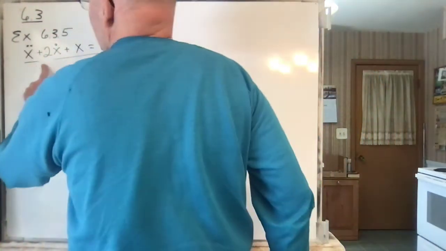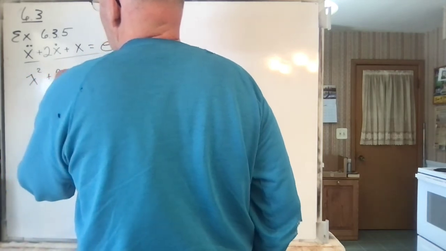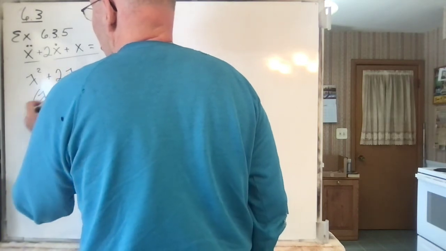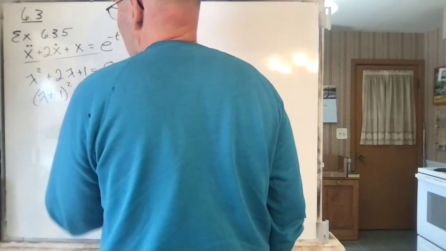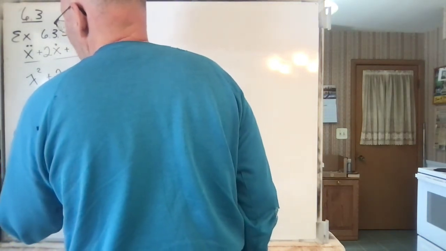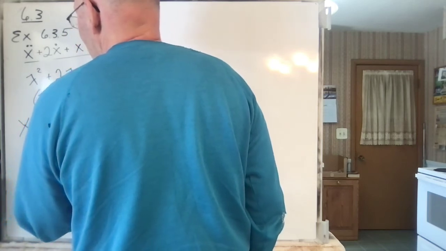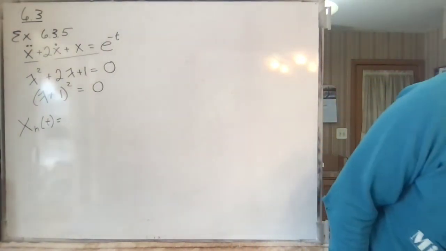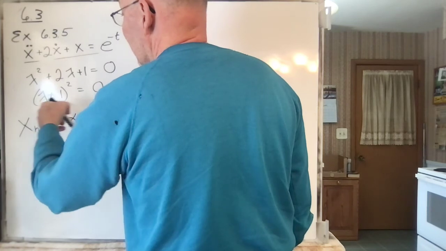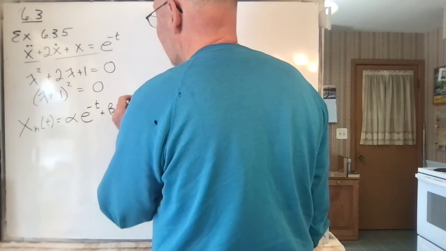So what do we do here? We start off by taking our characteristic equation and noticing that we do have a double root there. That's going to be s plus 1 quantity squared. And since we have a double root, we know that the homogeneous solution, I should have started with a y there because I keep wanting to put y, is going to be, let me write it in the same form I have it, alpha e to the negative t plus beta t e to the negative t.